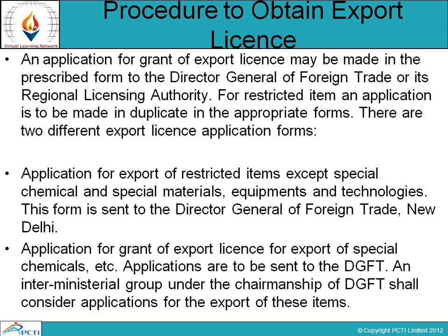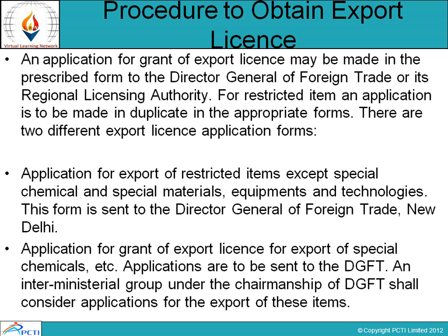Now, what are the basic provisions or procedure to obtain the export import license? When we have to take any kind of export import license, what is the procedure? An application for the grant of the export license may be made in the prescribed form to the Director General of Foreign Trade or its regional licensing authority.